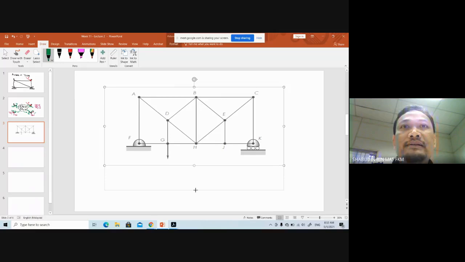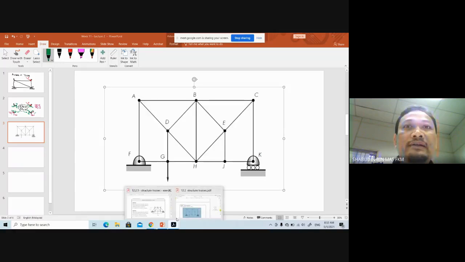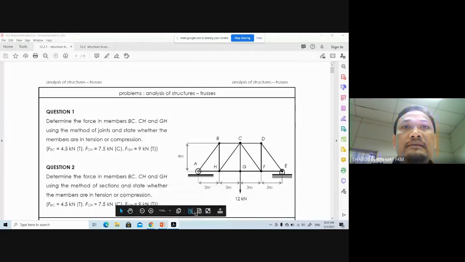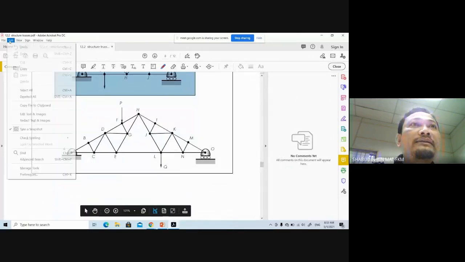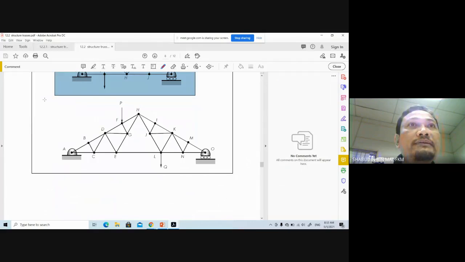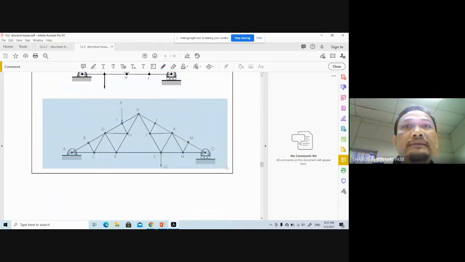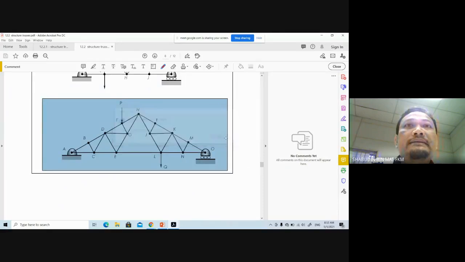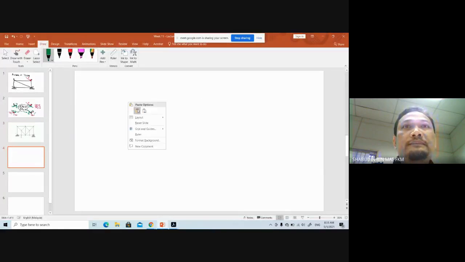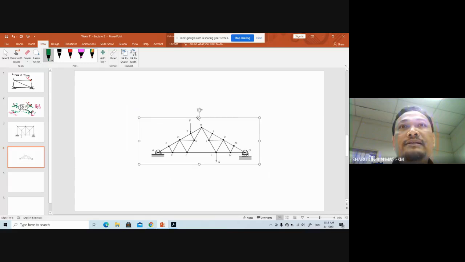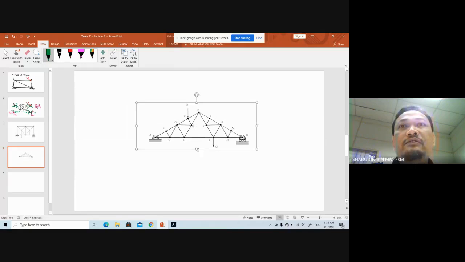And then another one, here also. Edit, take a snapshot of it, copy, go to here, paste. The question says, where is the zero force member?